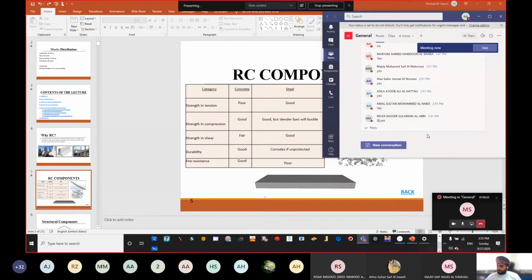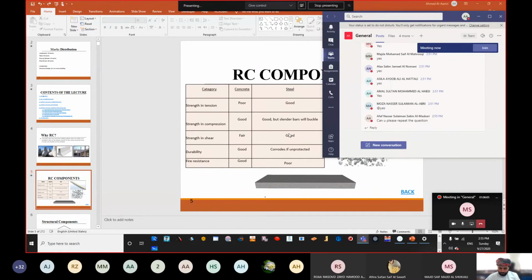Once again, keep it interactive so you will learn. Any person? I said we discussed tension, compression, durability, fire resistance. How would you describe shear? For shear, concrete is fair or average, steel is going to be good.